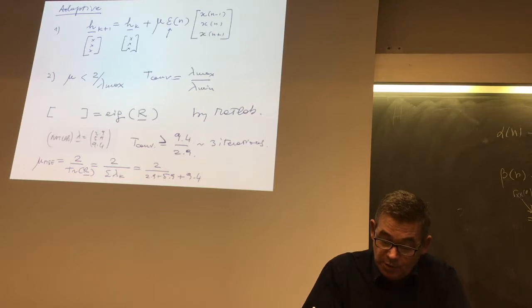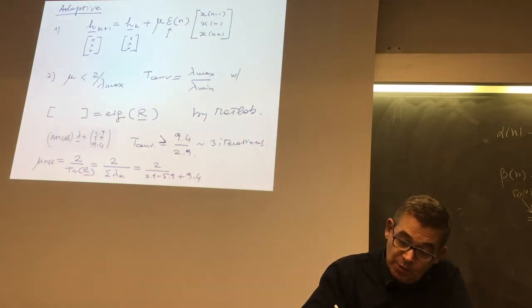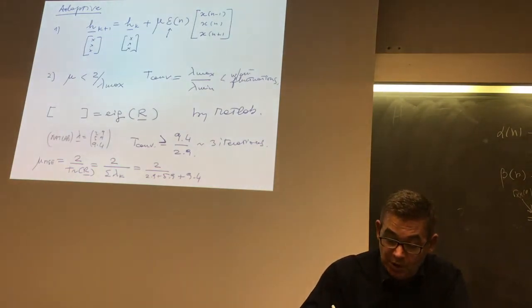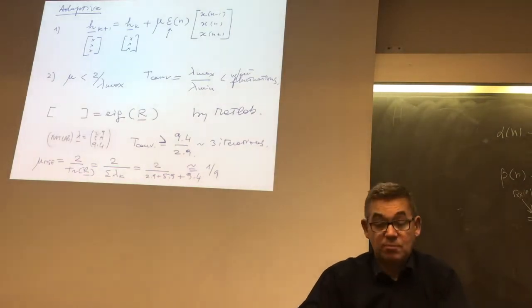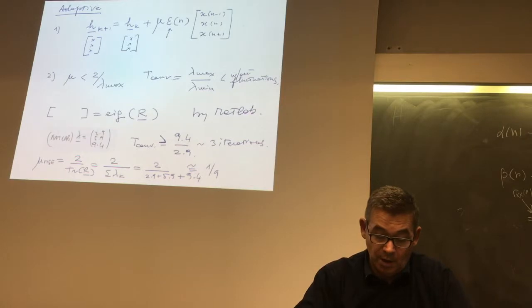So good. By the way, here I use the convergence without fluctuation. So this is the mu that I'm using. I don't know exactly how much that is, but 9.4 plus 5.9 plus 2.9 is about 18, so 2 divided by 18 is 1 divided by 9, approximately, roughly, just to give a number.